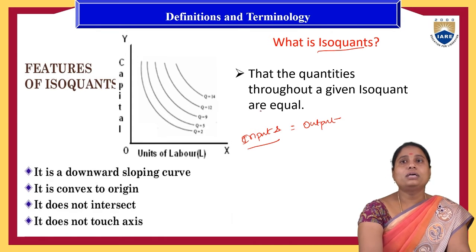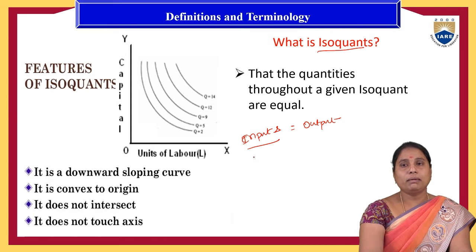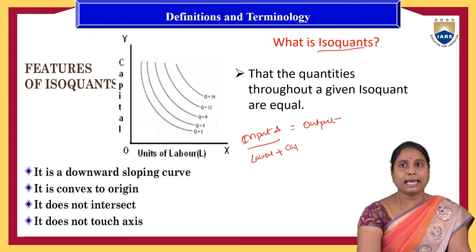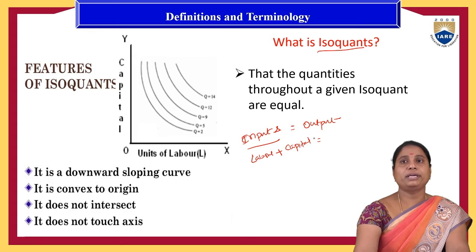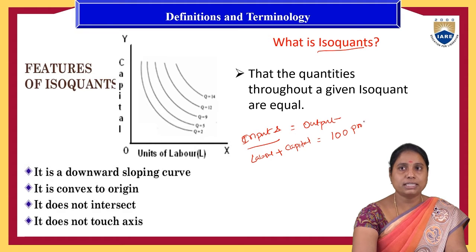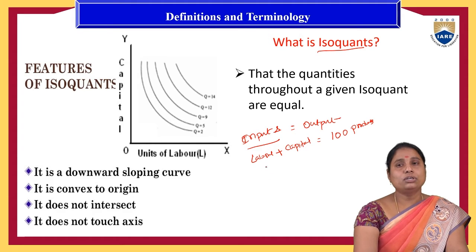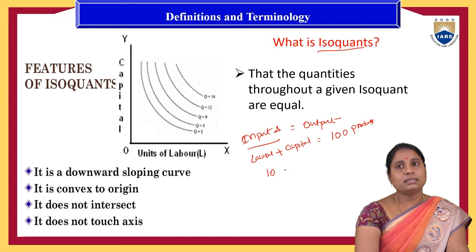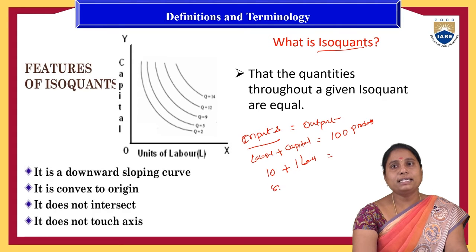For example, labor and capital are used as inputs to get a maximum output of 100 products. Here 100 labor plus 1 lakh capital might give the 100 products.